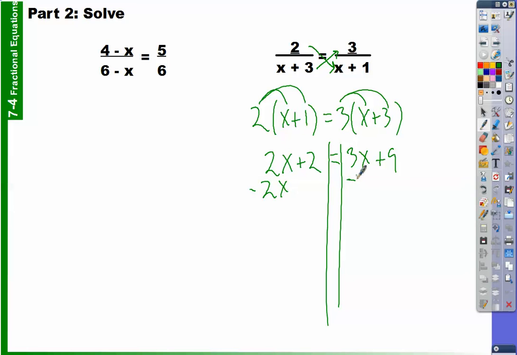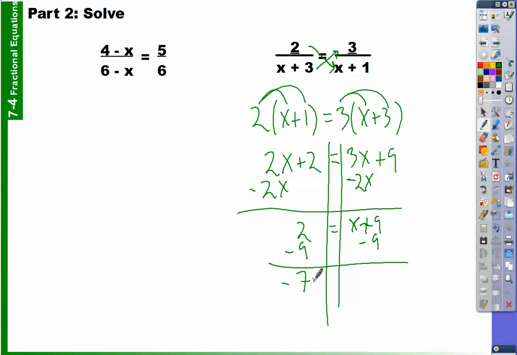Subtract 2x from both sides. What you do to one side, you have to do to the other. So we get 2 is equal to x plus 9. Let's get the x by itself. Minus 9, minus 9. And so I end up with negative 7 is equal to x.